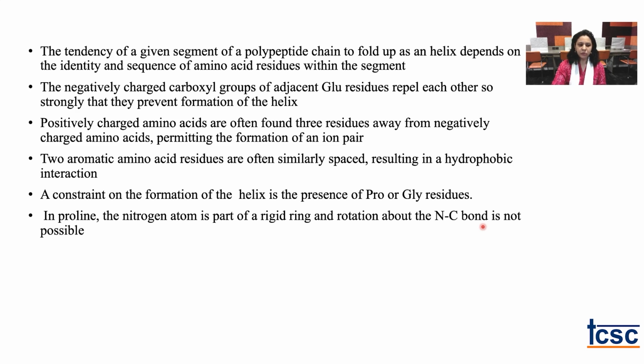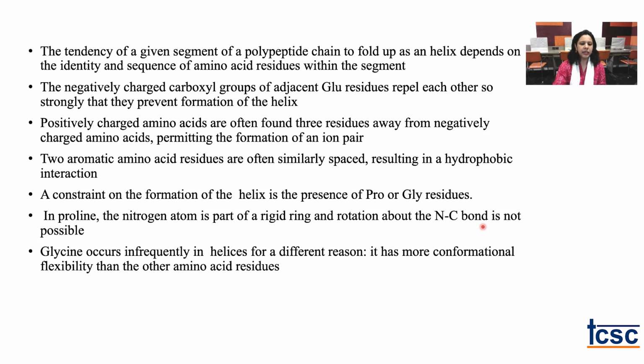And therefore, proline is usually known as a helix breaker, and it is usually present at the end of an alpha helix. So proline, because of its rigid ring and because of the inability of rotation around the N-C bond, we will not find this particular amino acid within an alpha helix.